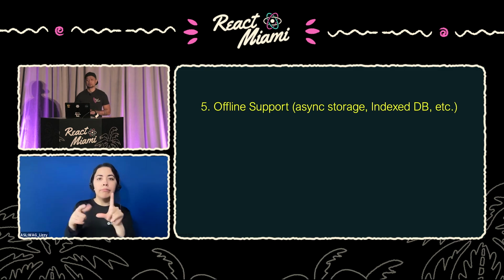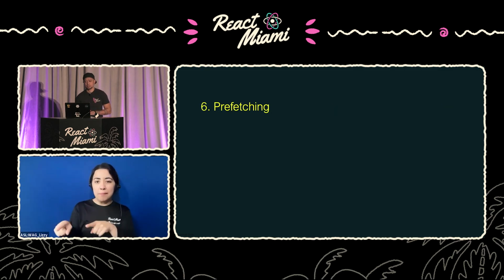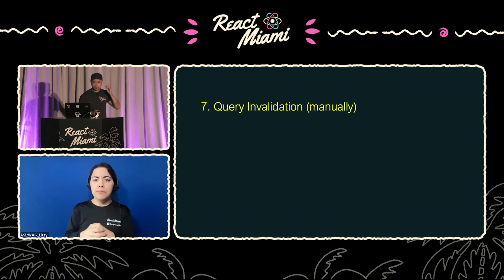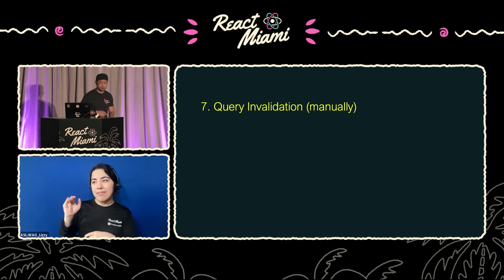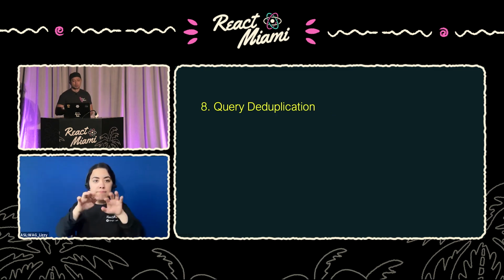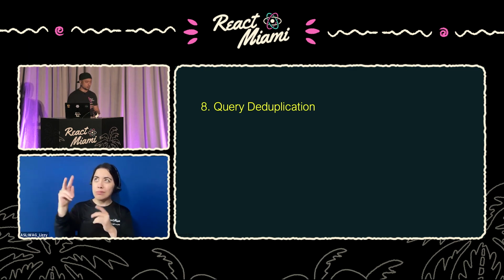Offline support, prefetching, which is fetching server state in advance. Query invalidation, you do it manually if you mutate something. Query deduplication, ensuring that only one network request is made even if the same query is fired multiple times within a short period.